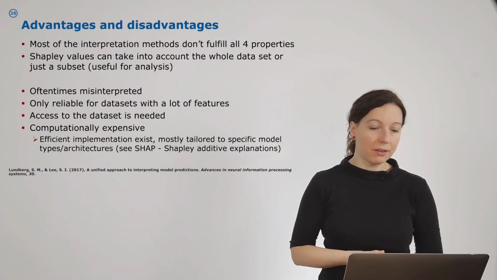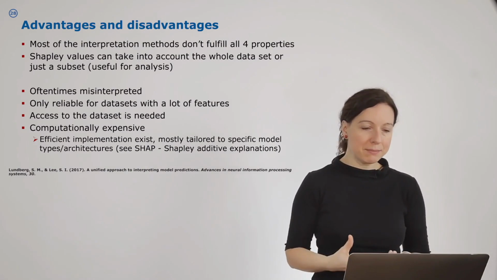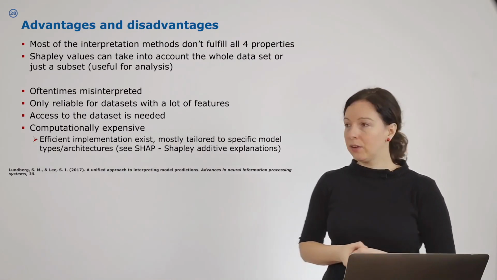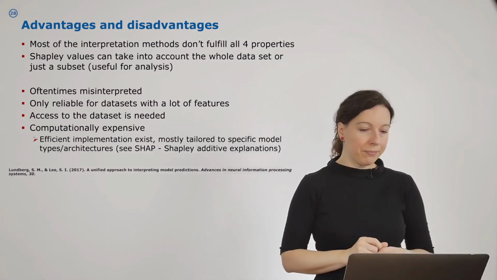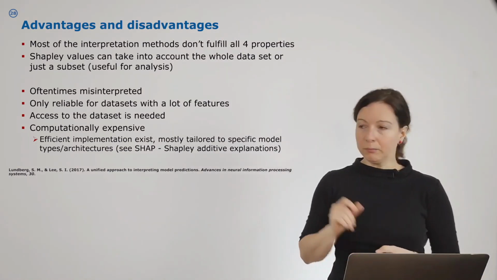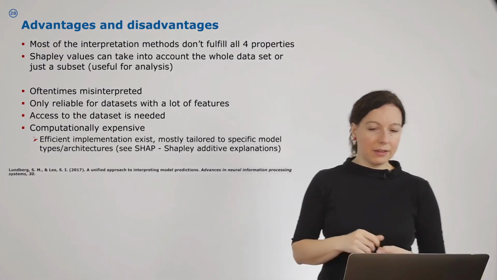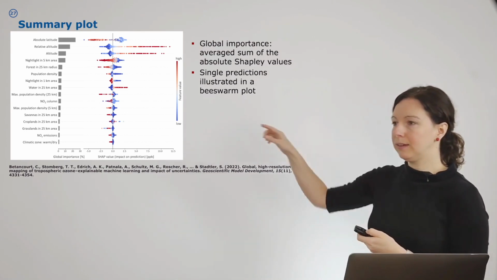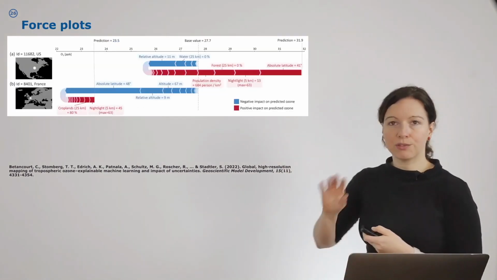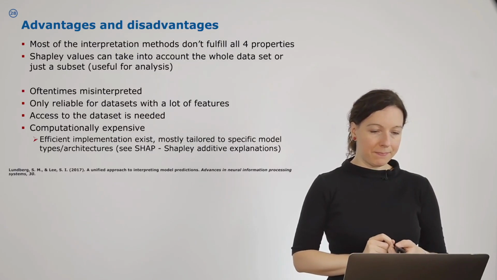For example, there are specific computations for tree-based methods. And here you can have a look at this SHAP library and this reference here. This is also where we take these plots from. So try it out, it's really nice.